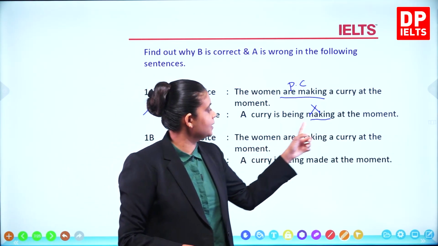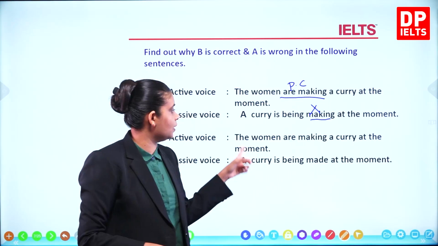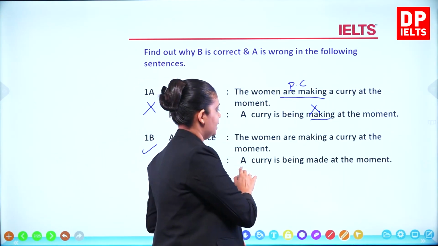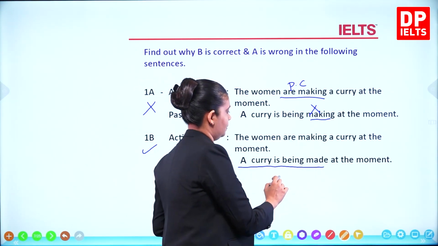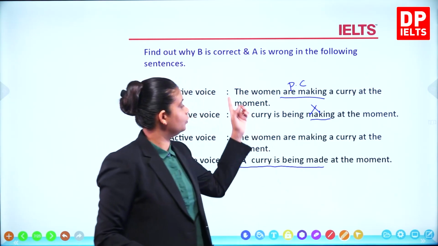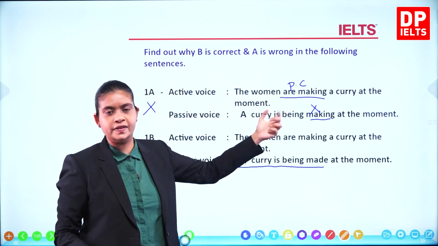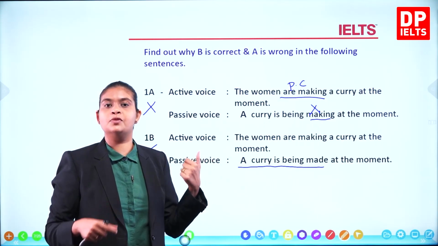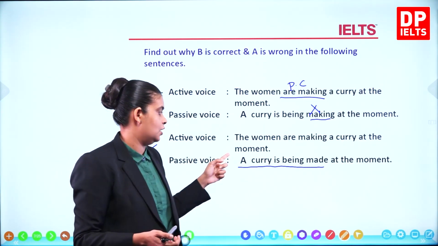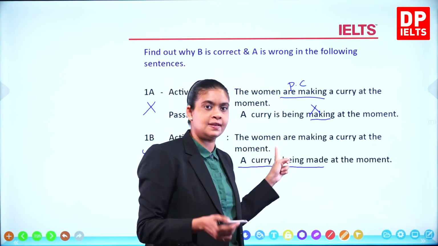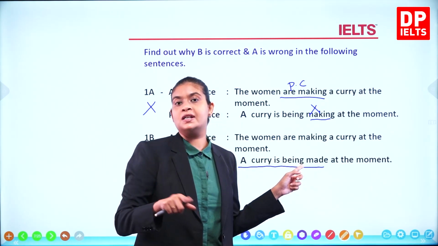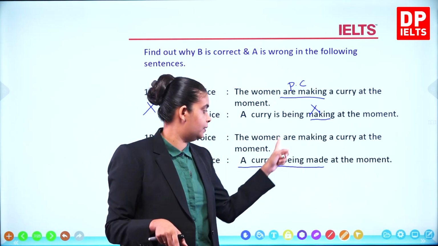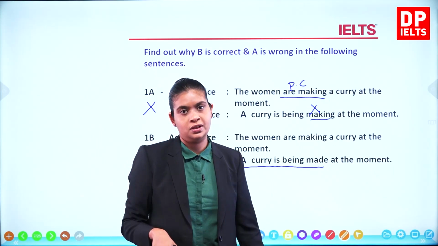The women are making a curry at the moment. So a curry is being made at the moment. Okay. Though they say the women are, the sentence should be what? Subject verb agreement should be there. So a curry is being plus the past participle of the main verb, made, at the moment, right?